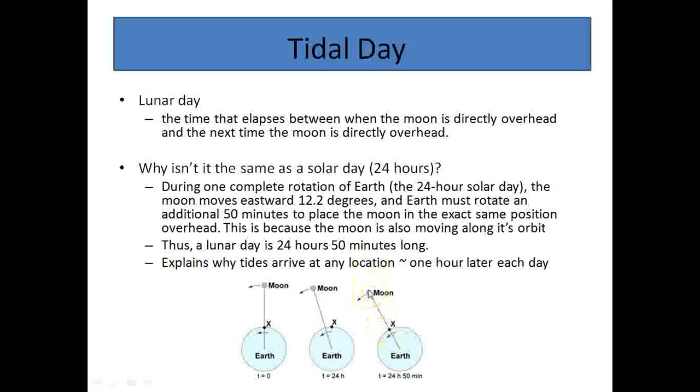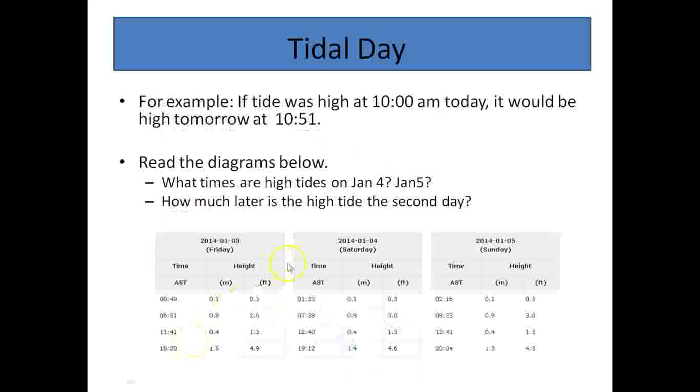We call that a lunar day. So a solar day is 24 hours, and a lunar day is about 51 or so minutes longer. So 24 hours and 51 minutes.